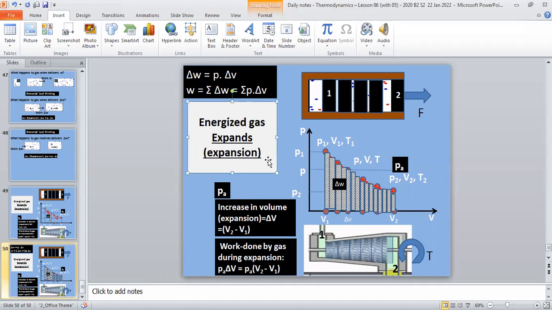Interesting. Okay. So the energized gas expands, so the gas will be experiencing work done. You can witness it. So from 1 to 2, sigma 1 to 2. So from 1 to 2.